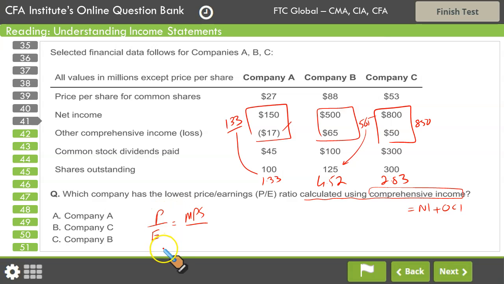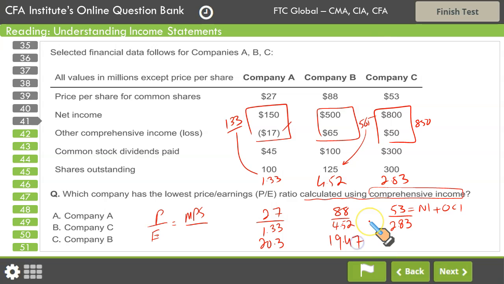We need to calculate price earning multiple, taking the market price of each, 27, 88 and 53, and dividing with comprehensive income per share, which is 1.33 in case of A, 4.52 in case of B, and 2.83 in case of C. So it's going to be 27 upon 1.33 is 20.3, 88 upon 4.52 it's 19.47, and 53 upon 2.83 it's 18.73.